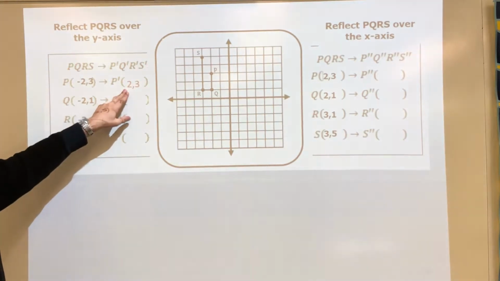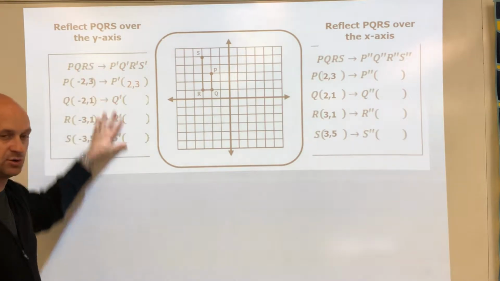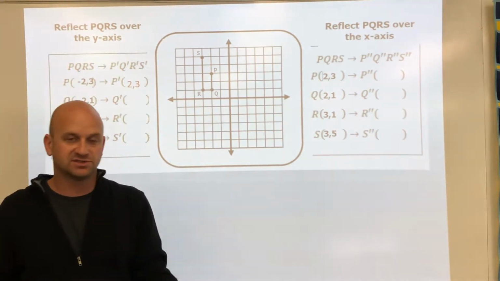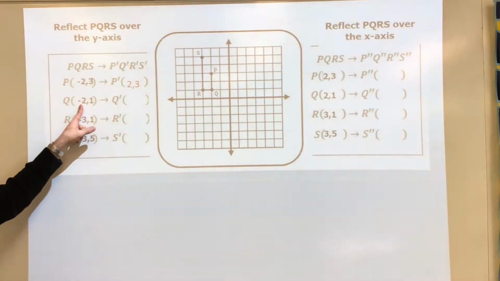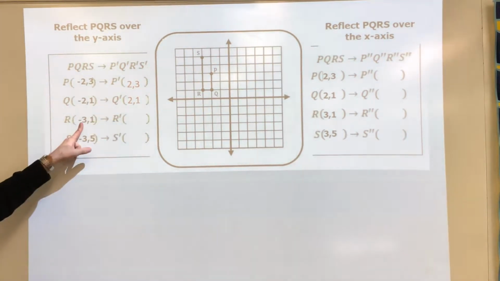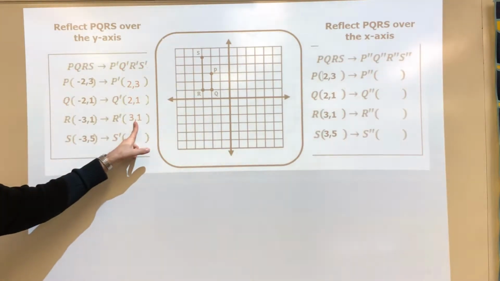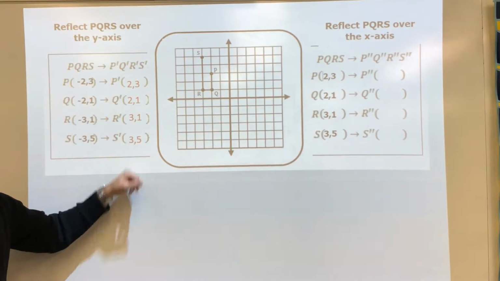So that becomes a +2. The y value stays the same. So the rule when we go over the y-axis is we're going to change the sign of the x-coordinate. The x-coordinate is -2, so it's going to become a +2 in our image point. This is a -3, it'll become a +3. This is a -3, it becomes a +3.